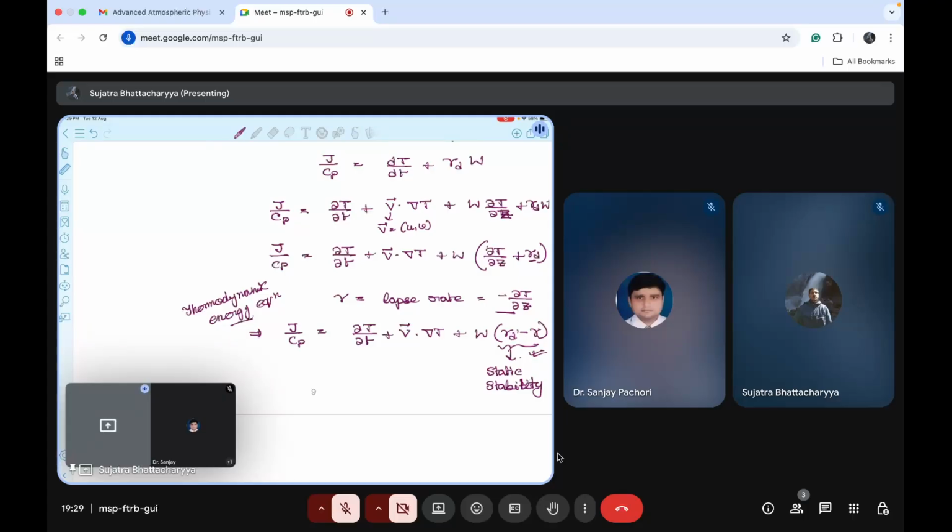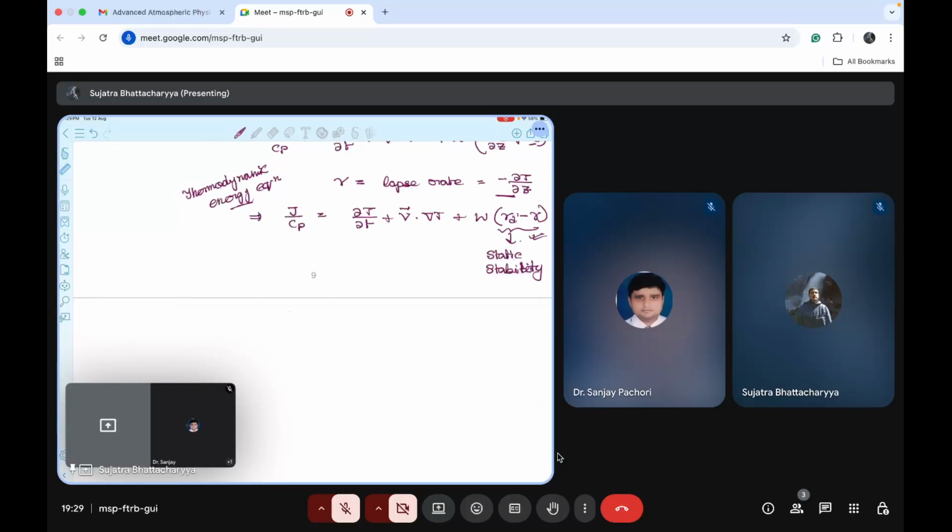But let us also see how we can write the thermodynamic energy equation in terms of potential temperature. I will just write the mathematics. Theta is denoted as temperature into P naught by P to the power R by Cp. Essentially, this P naught is taken as 1000 hectopascals.